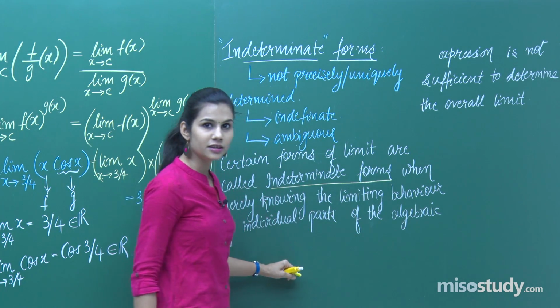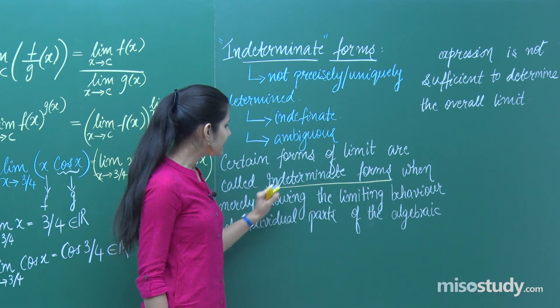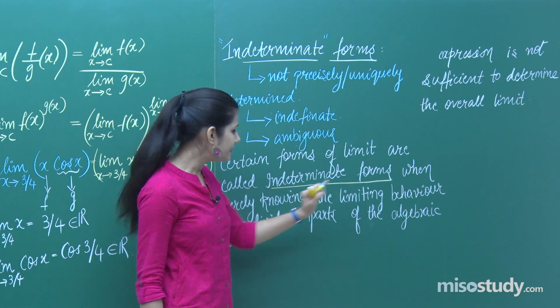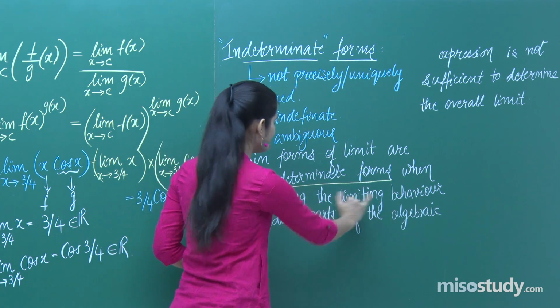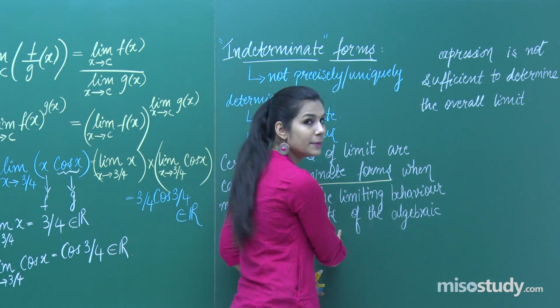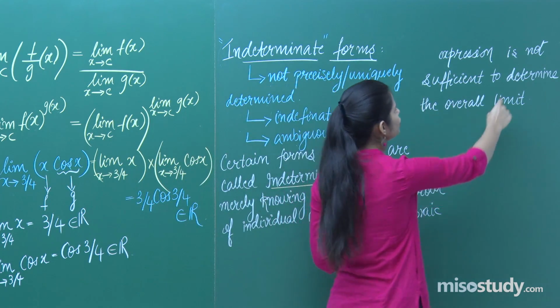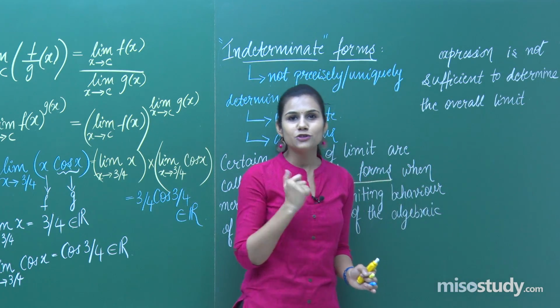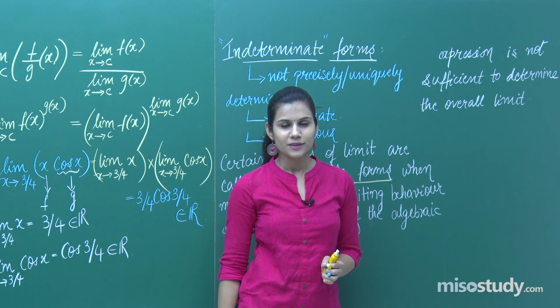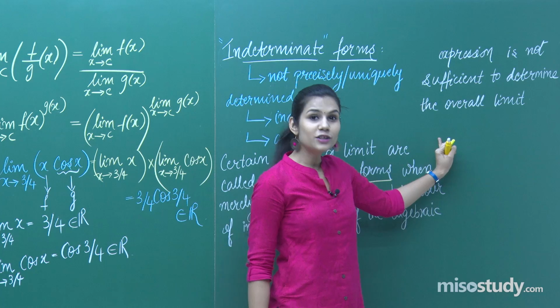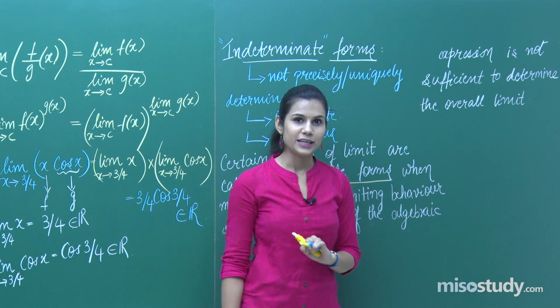That's what it's written over here. Certain forms of limit are said to be indeterminate forms of limit when just knowing the limiting behavior of individual parts of that algebraic expression is not sufficient to determine the overall limit of that algebraic expression. Okay? Such are the forms of limit known as indeterminate forms.